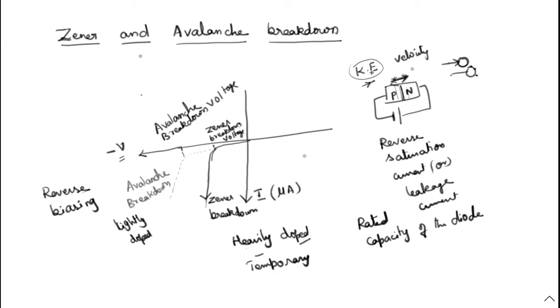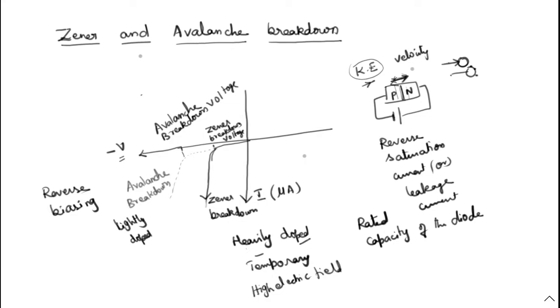Okay, so this is the case. In case of Zener breakdown, a high electric field is produced. But here, when we apply the reverse biasing, a high reverse biasing voltage is applied, and the kinetic energy of the electrons is increased.